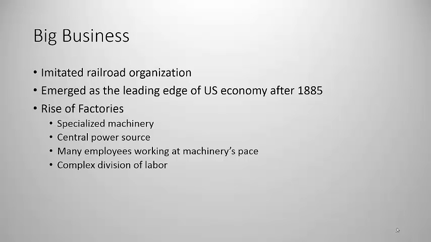One of the things that railroads did was to demonstrate that ownership and management had to be broken apart in giant concerns that required large amounts of capital, much more capital than a single owner or a small group of owners could provide.